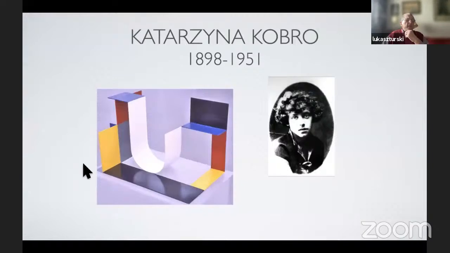He lost his leg and hand, and nevertheless, he had not stopped producing masterpieces. Both of them, Strzemiński and Kobro, for a while lived in Vitebsk.